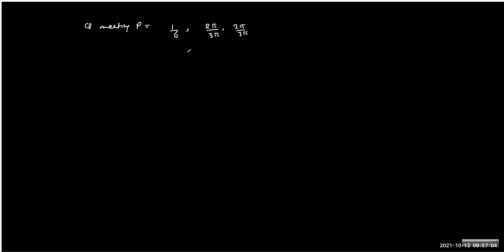So the first meeting is different, but the other subsequent meetings will be exactly after rotating 2 pi, 2 pi, 2 pi. So the times of meeting are 1 by 6, comma 1 by 6 plus 2 by 3, comma 1 by 6 plus 2 by 3 plus 2 by 3. Like the first meeting, second meeting, third meeting. So what is the nth meeting?